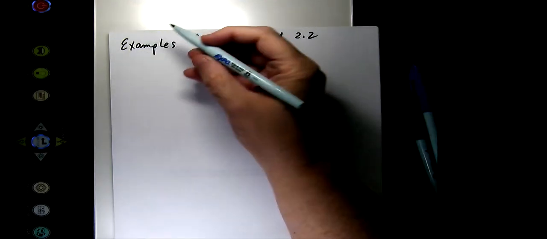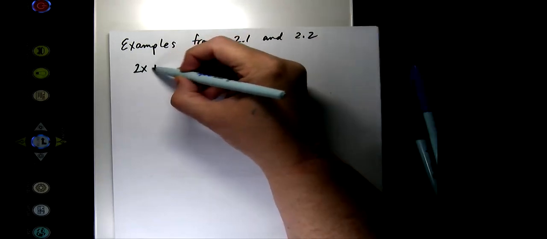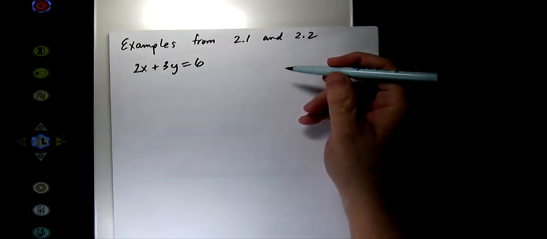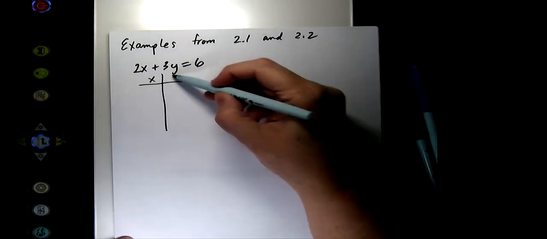We could have 2x plus 3y equals 6, and they might give us a table to fill in some numbers.